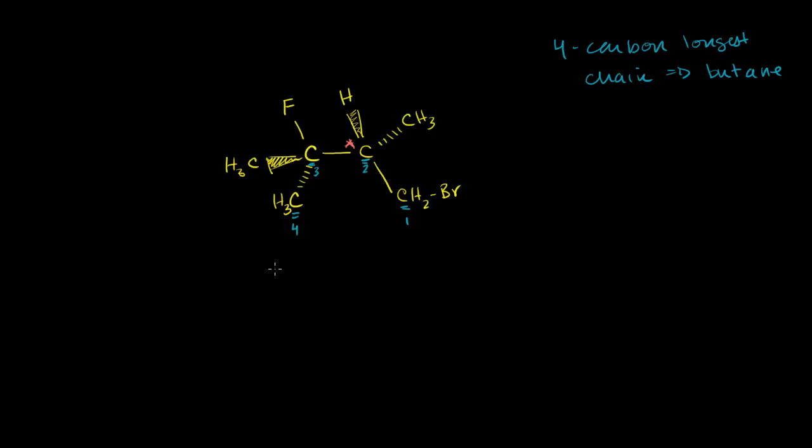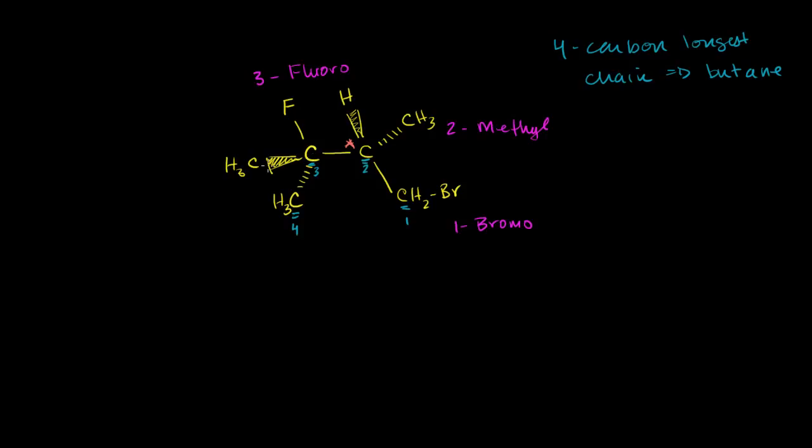Then we can label the different groups and figure out what order they should be listed in. So this is a 1-bromo. And then this will be a 2-methyl right here. And then just a hydrogen. Then on carbon 3, we have a fluoro.